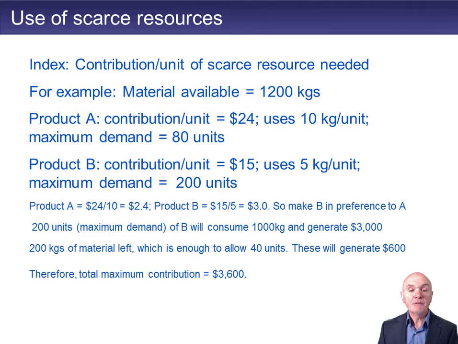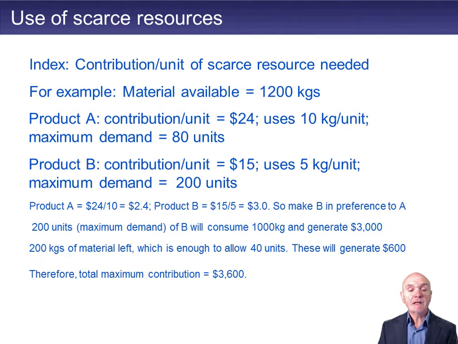That is going to produce 200 times 15, which is 3,000 of contribution. It will use 200 times 5, 1,000 kilograms, and that will leave us 200 kilograms left out of the 1,200.